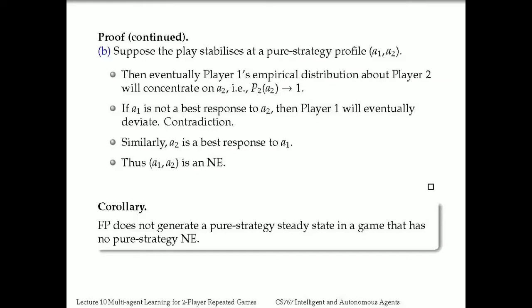Because a steady state inherently has to be a pure thing, right? Because it's saying that this action will be stabilized, so both agents would choose the same action from now on.